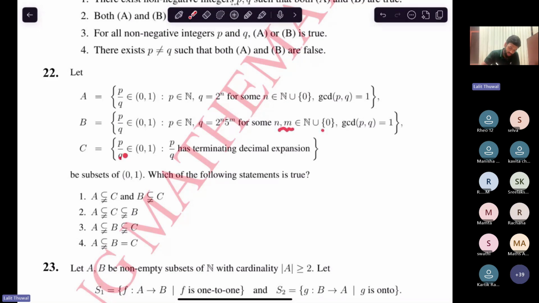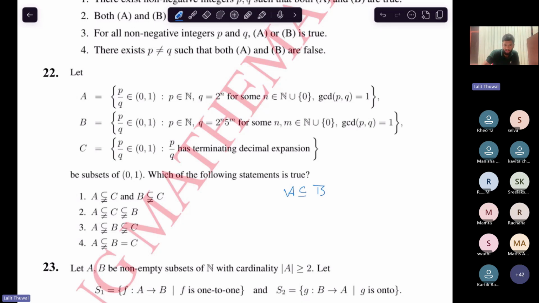C is again the collection of rational numbers from 0 to 1 for which P by Q has a terminating decimal expression. We have to figure out which of the following is true. Definitely we can see that A is contained in B, that is very clear.